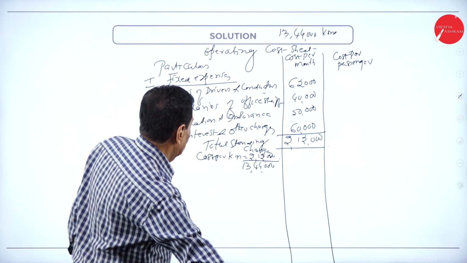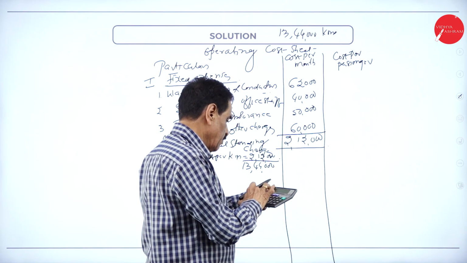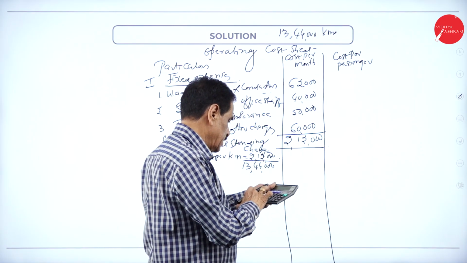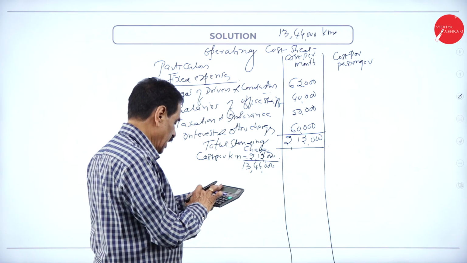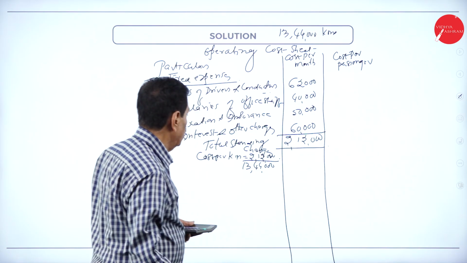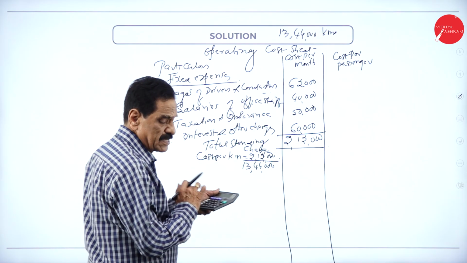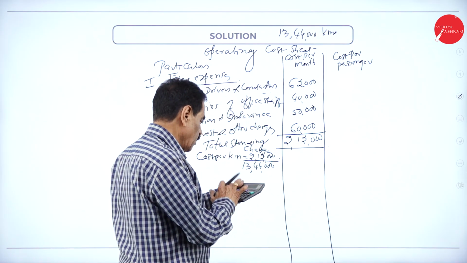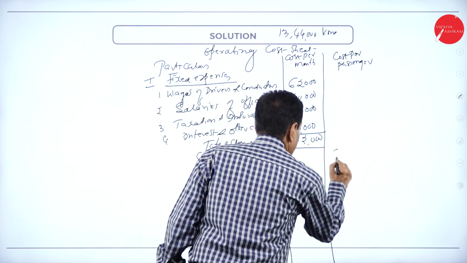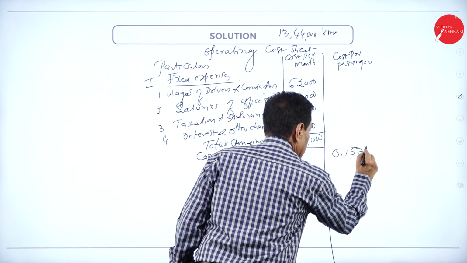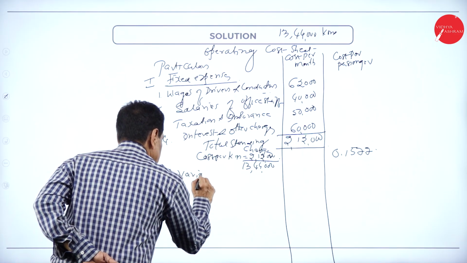So it will come 0.1577. Number 2, variable expenses.